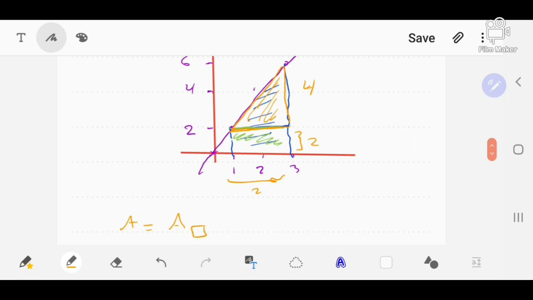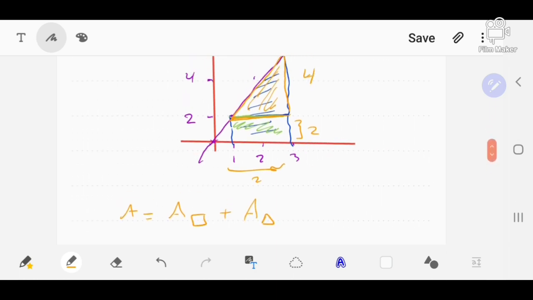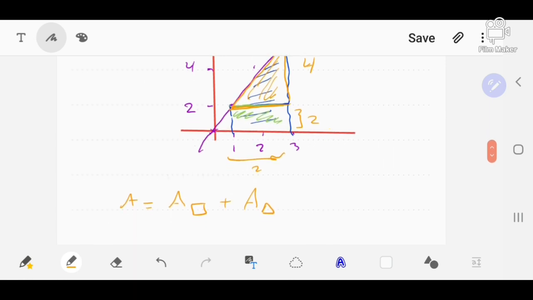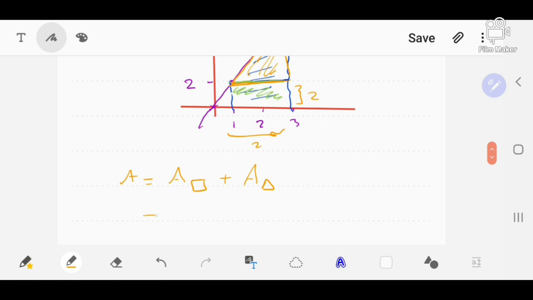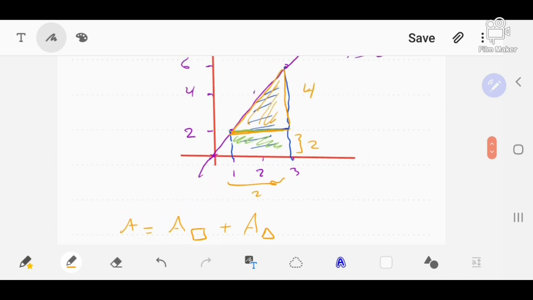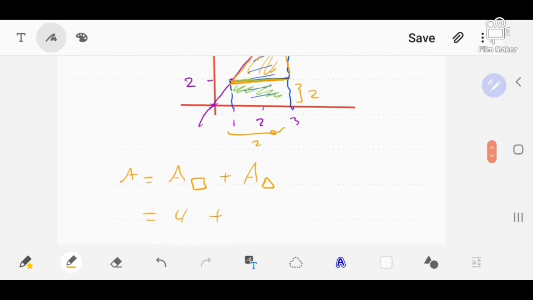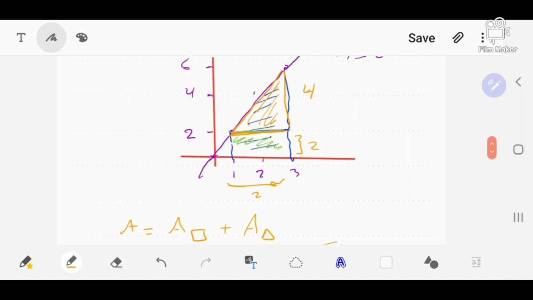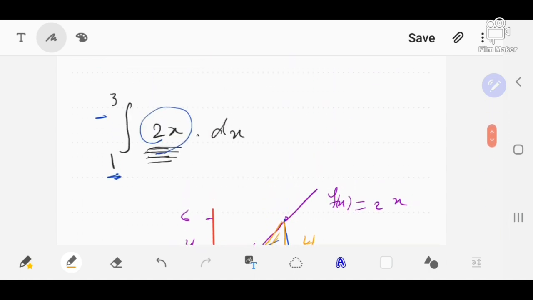The area of the rectangle is 2 by 2, which is 4, plus the area of a triangle, which is half times base, so half times 2, that's 1, times 4, that's 4. So in this case, the answer is 8. So the integration of this is 8 under this interval. Simply, this is the area, or this is the meaning of the definite integral.